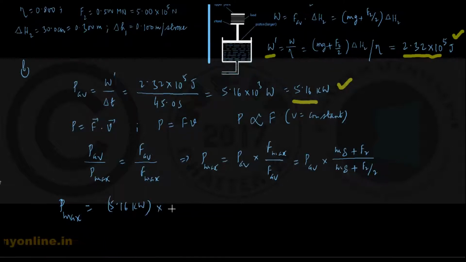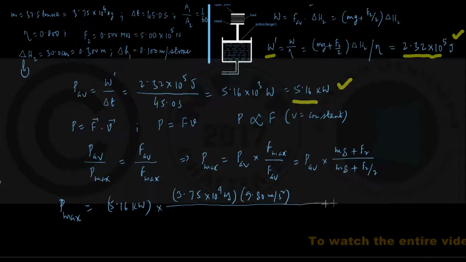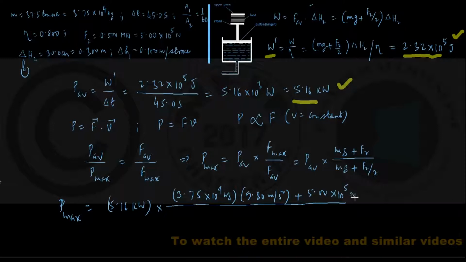multiplied by, in the numerator we have got M. Well, the data is waiting for us here, 3.75 into 10 to the power 4 kg into g, that is 9.80 meter per second square. This plus F2, 5.00 into 10 to the power 5 Newton.